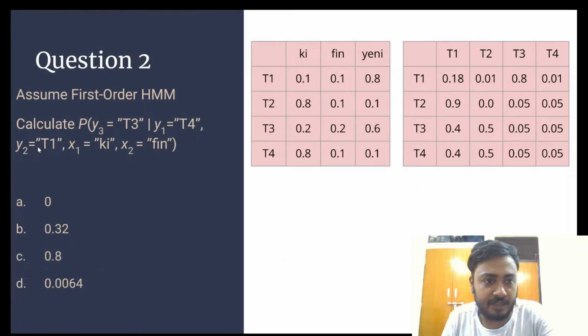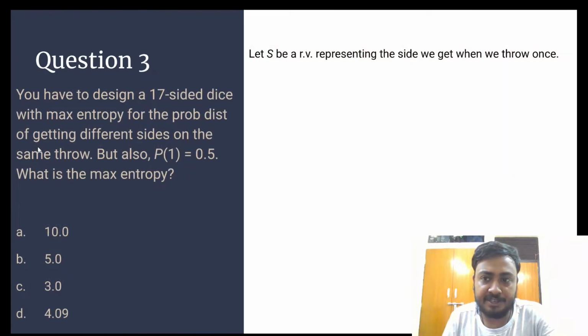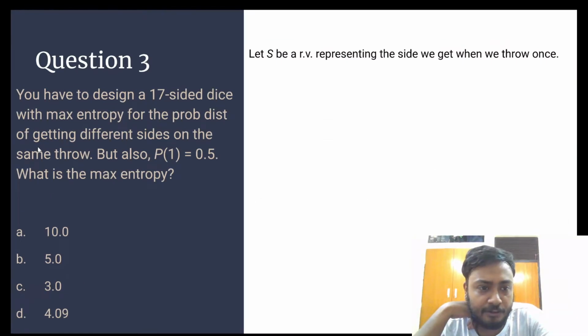Let's move on to the next question. This is a question based on maximum entropy. You have to design a 17 sided dice, an imaginary dice which has 17 sides. They have asked that you design it such that the probability distribution of getting different sides on a throw has maximum entropy.